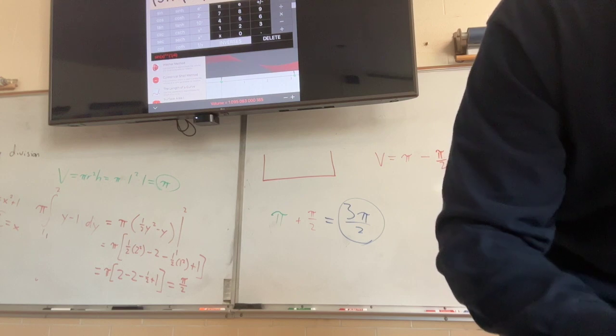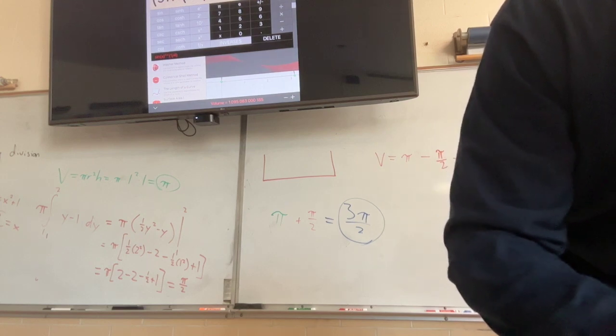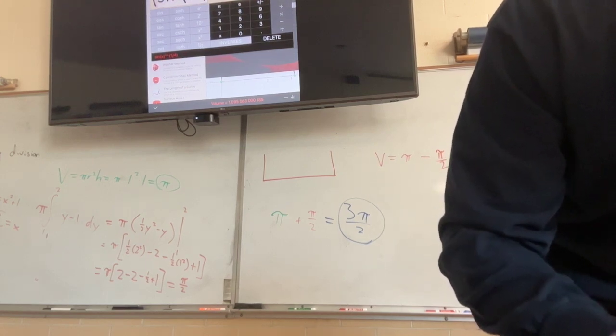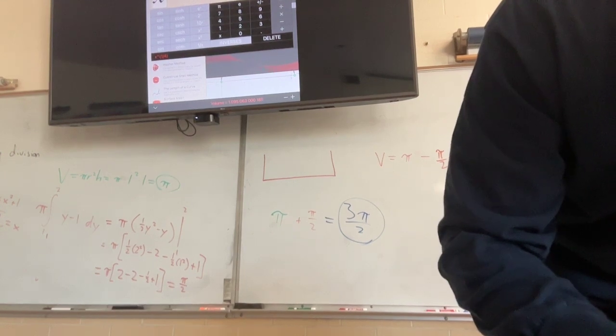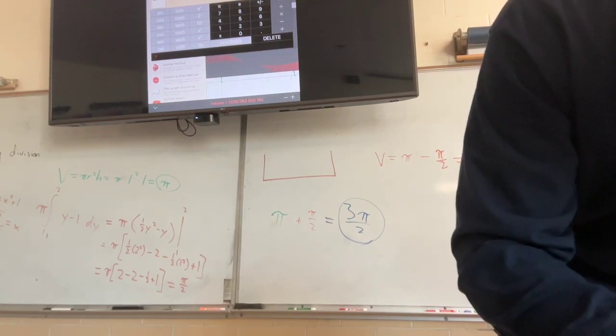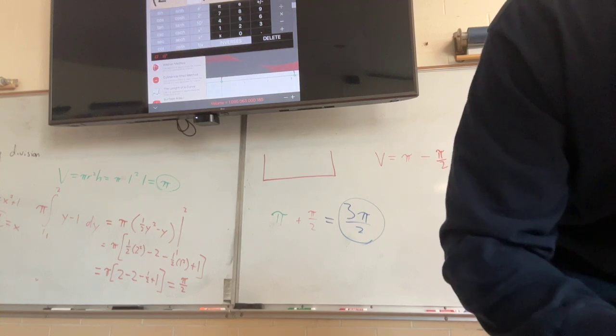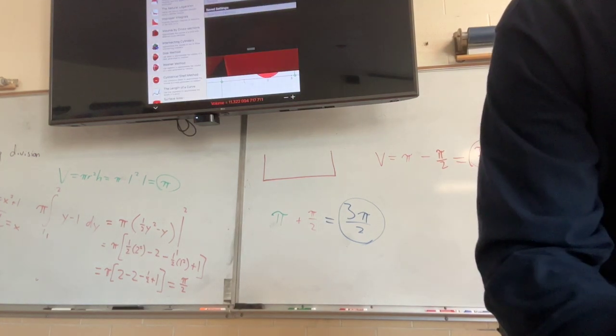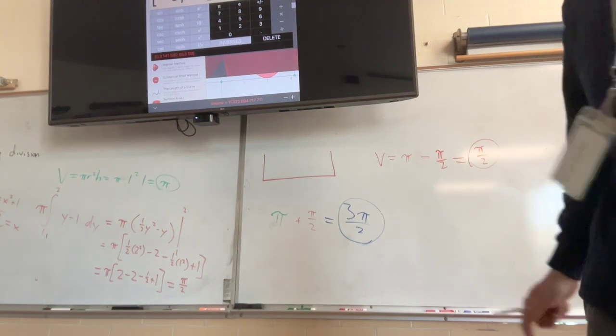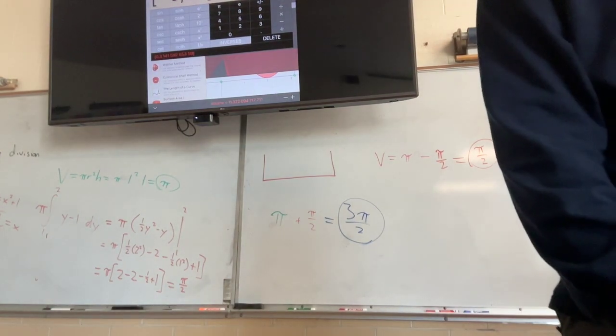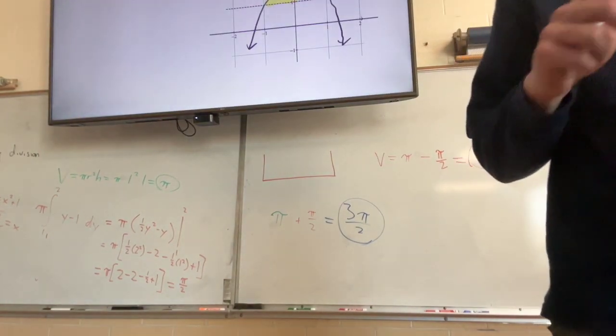What's the function? x squared plus 2? 2 minus x squared? What is that interval? Is that negative 1 to 1?